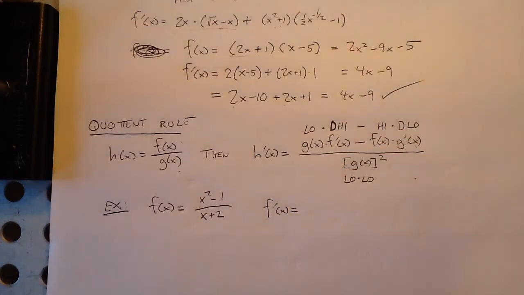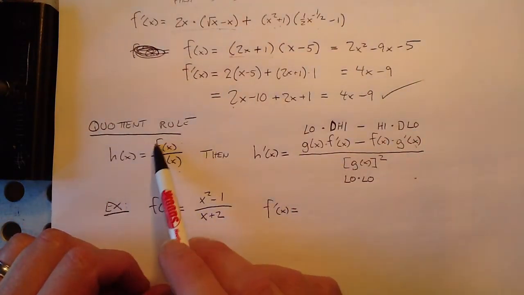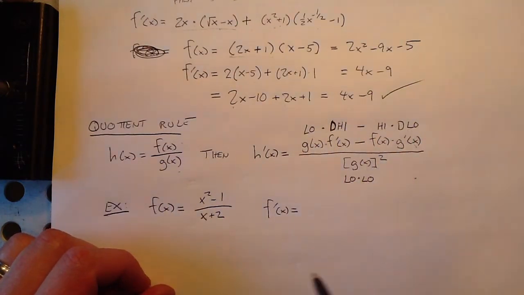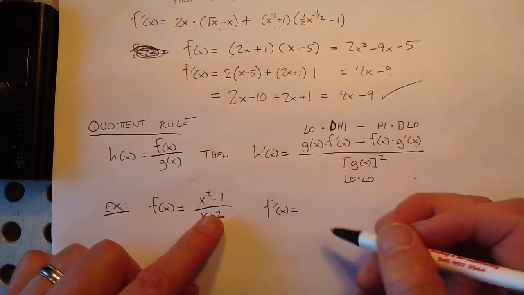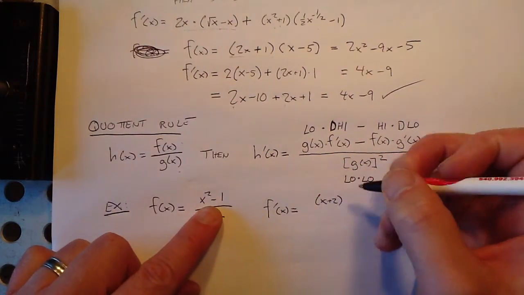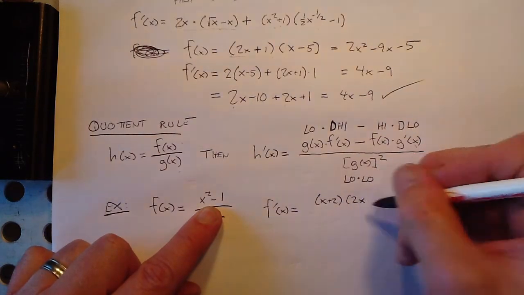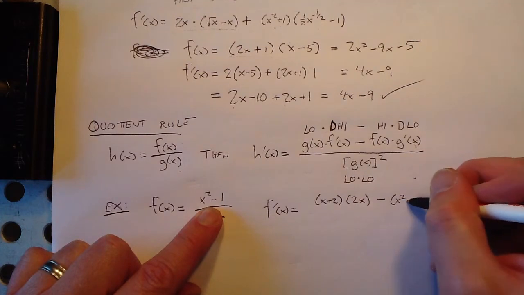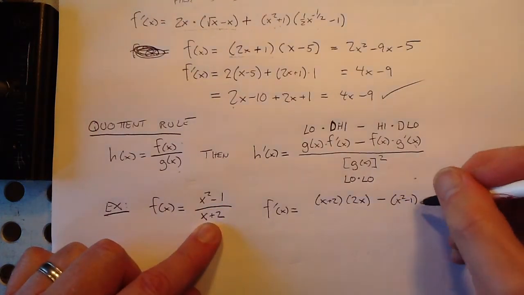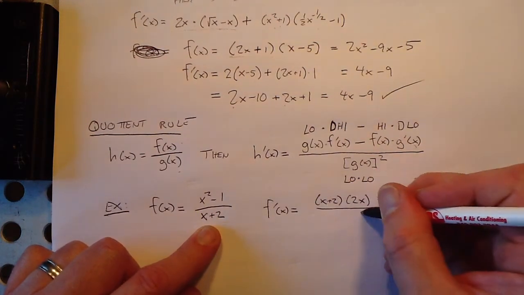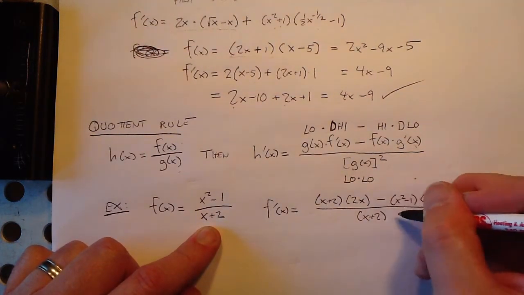So the quotient rule says the derivative of a quotient is low d high minus high d low over low low. So let's go through and see how that plays out here. So low, d high, minus high, d low, over low low.